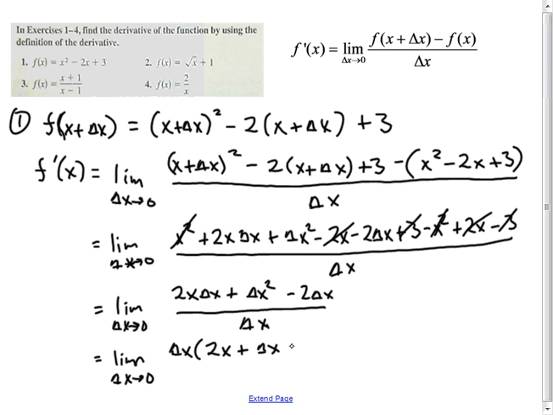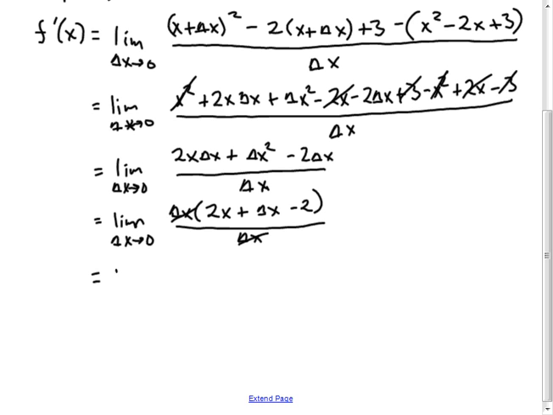And from the last term, just minus 2. And that's still all over delta x. Now we can do some canceling. Since I've got a delta x factor in the numerator and denominator, that factor cancels out. So now I've got the limit as delta x goes to 0, and the denominator's canceled out, so it's just the limit of 2x plus delta x minus 2.